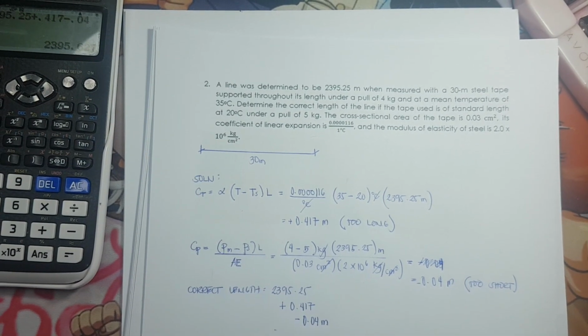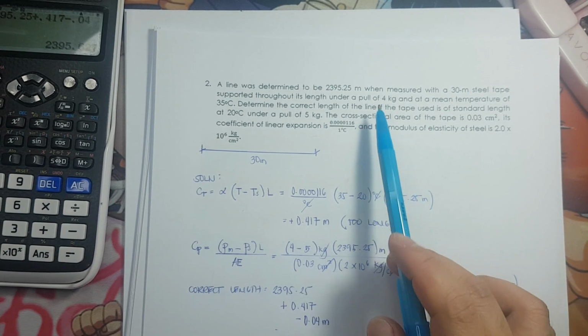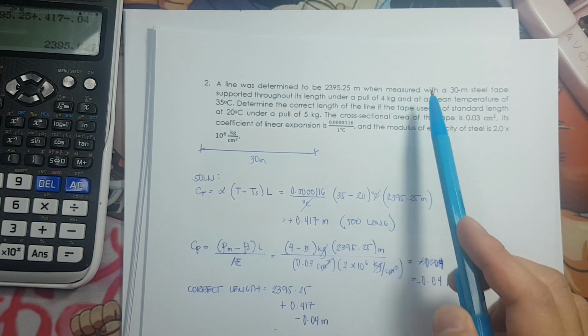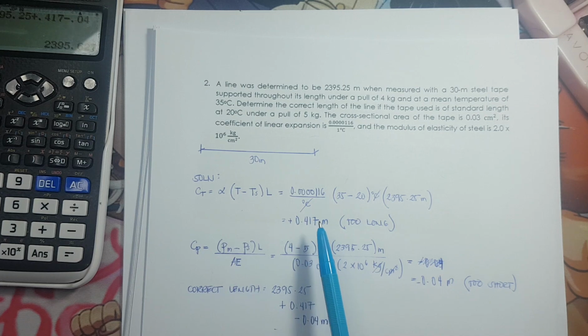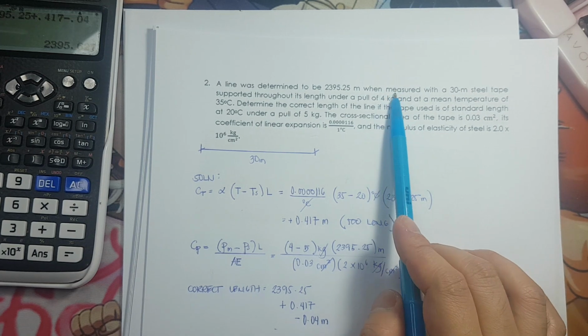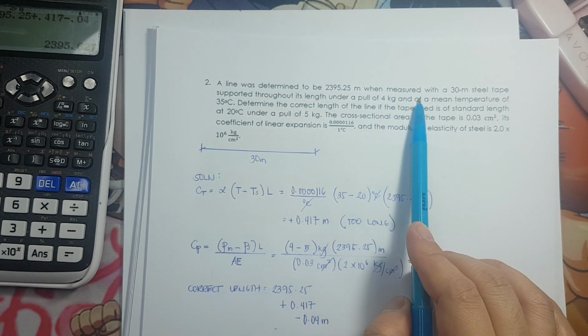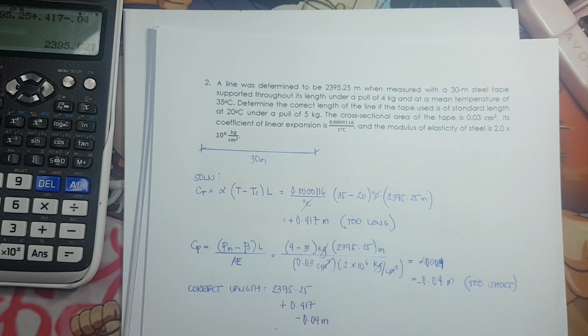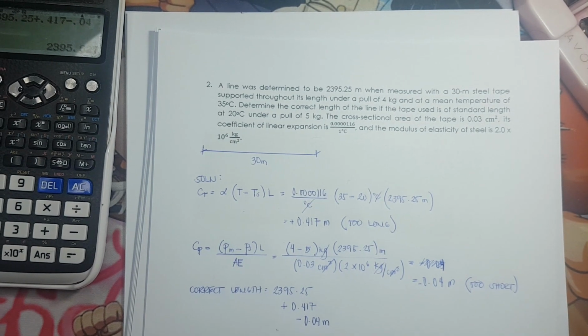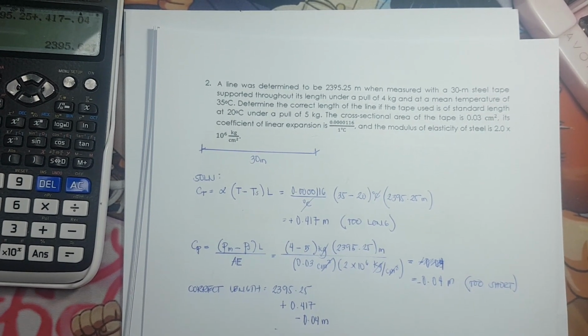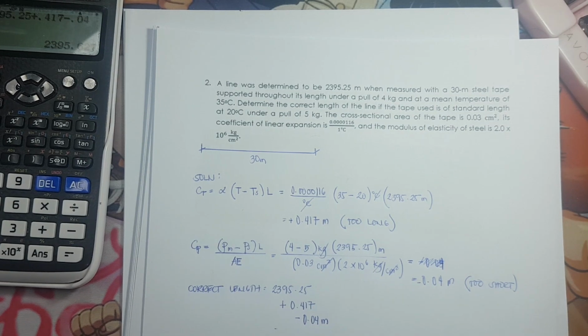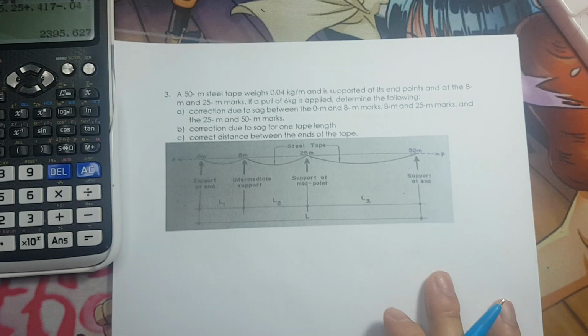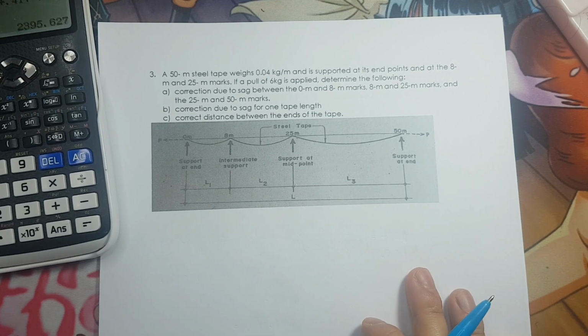But if it so happen na when laid out, ang gagawin natin, this 0.417 would be subtracted, while this negative 0.04 will be added if it so happen that it is to be laid out. But in this case, it is tape measured, distance measured. So our final answer is 2,395.63 meters.